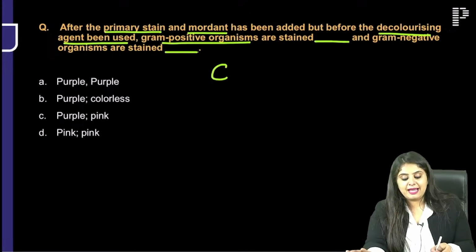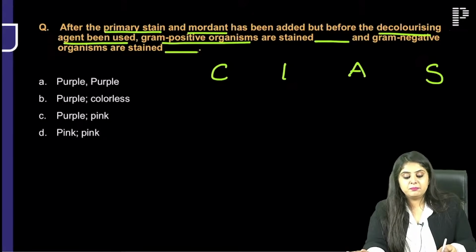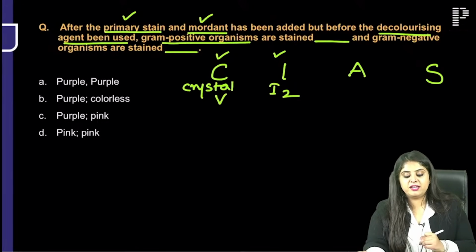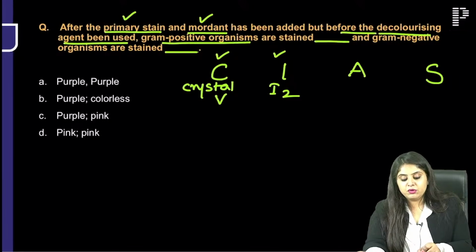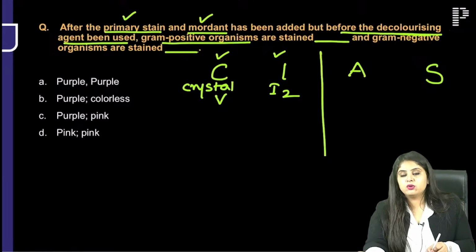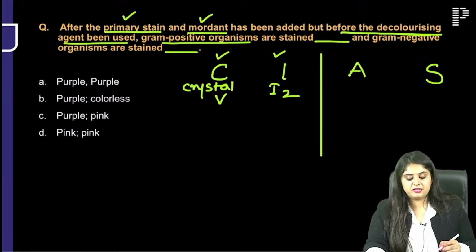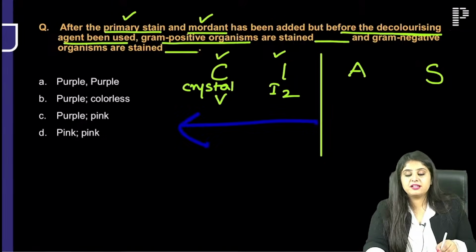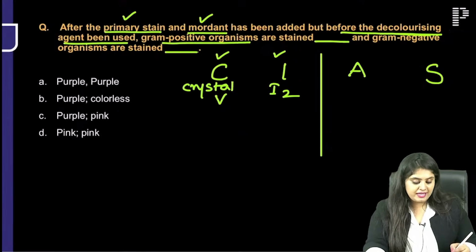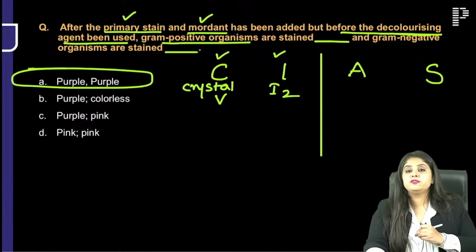They are saying gram stain, come in and stain. After the primary stain has been added and the mordant has been added. Primary stain kya tha? Crystal violet. I can see all answers. Mordant is iodine. But before the decolorizing, before the alcohol is added, so they are asking you at this stage, did I tell you before decolorizer everything will be purple purple? Excellent. All of you got it right.